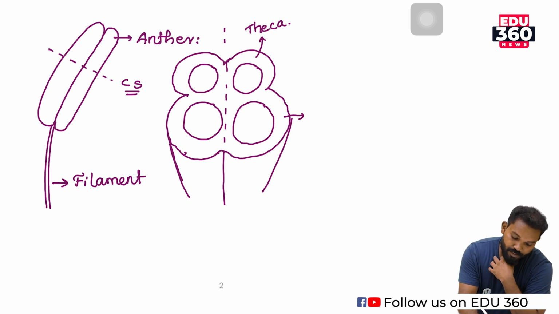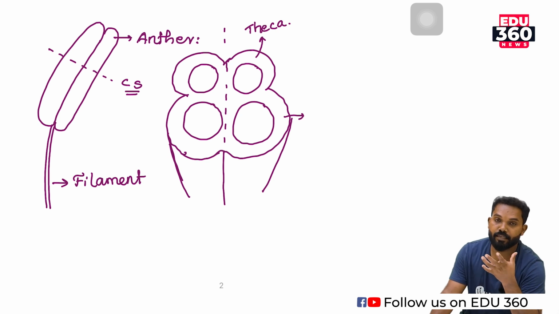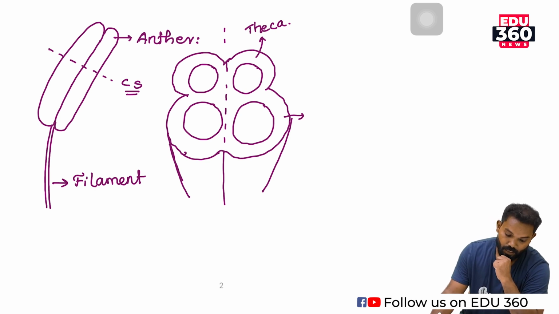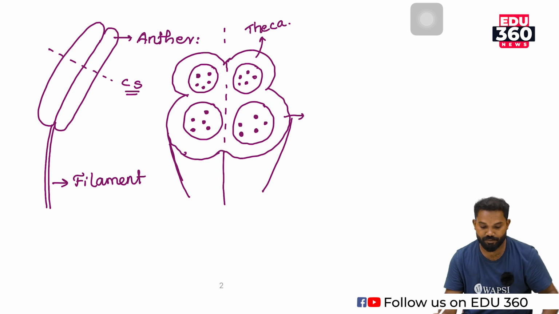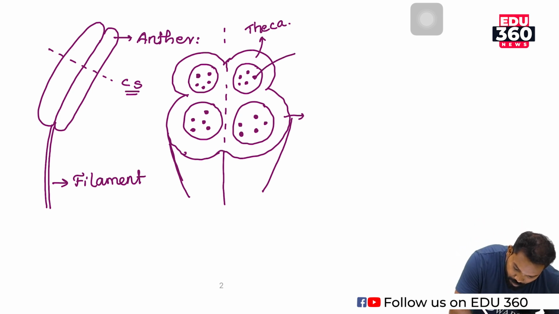Here is the place where pollen grains are formed. There are 5 pollen mother cells.